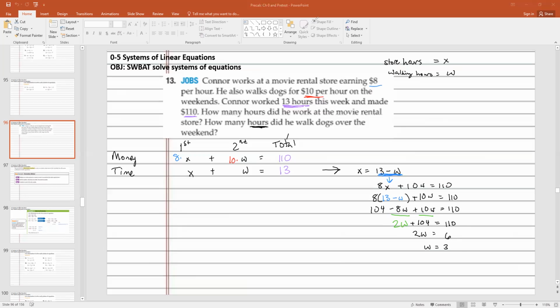Ta-da! So that's our first one. W equals 3. So we're going to plug that 3 back into this one. So now we're going to do this one. We have x equals 13 minus our w, which is 3.